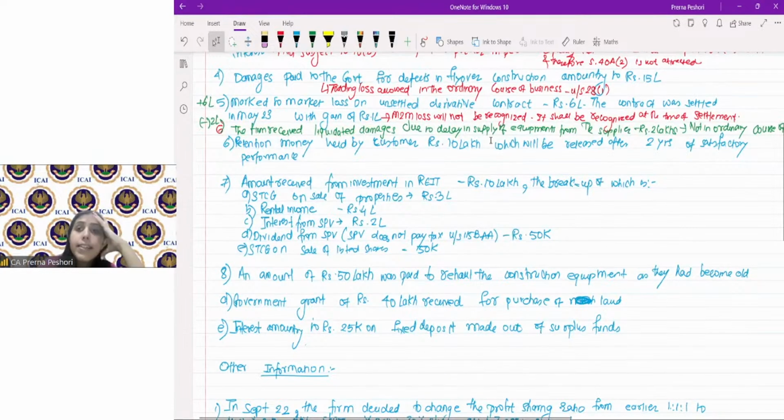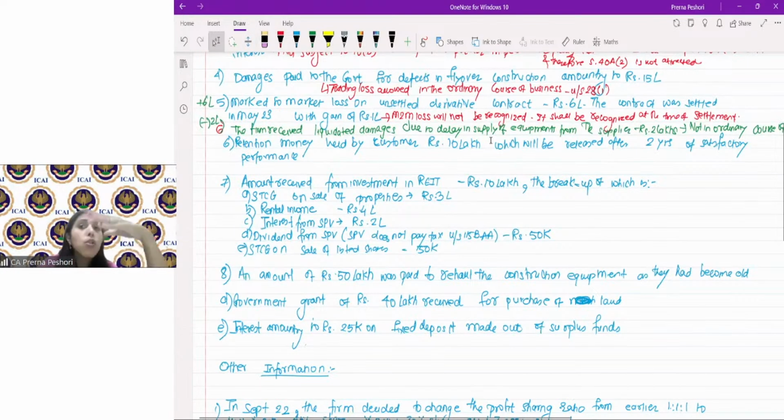So first of all, understand that ICDS 3 will be applicable in this particular case, because this is a construction company and ICDS 3 talks about construction contracts. As per ICDS 3, the contract revenue and the contract cost are recognized on the percentage of completion method.